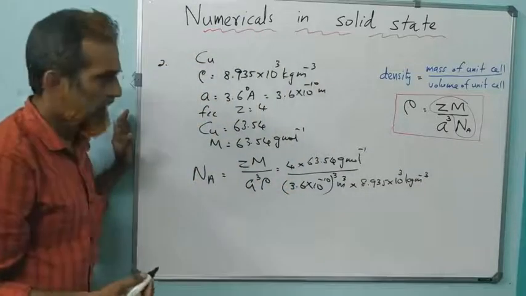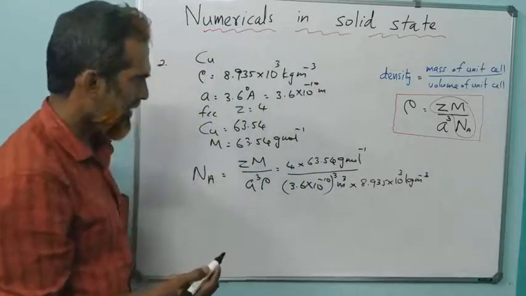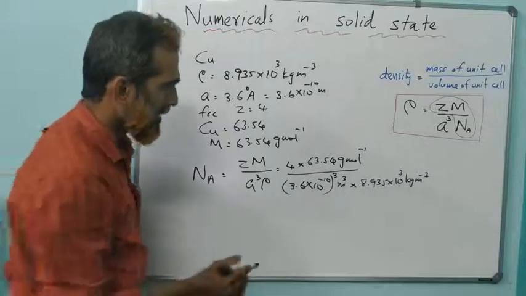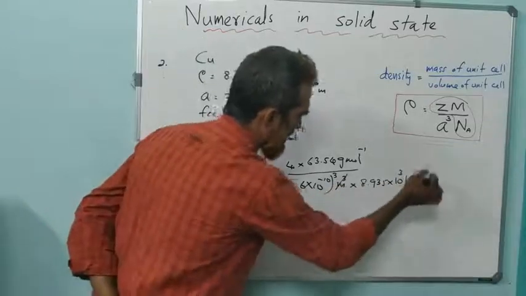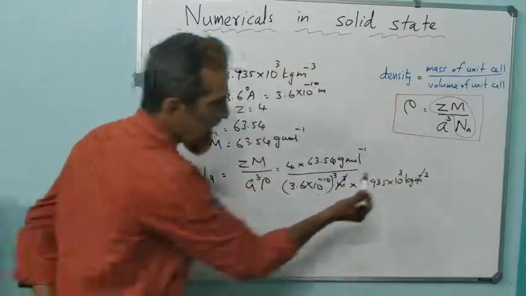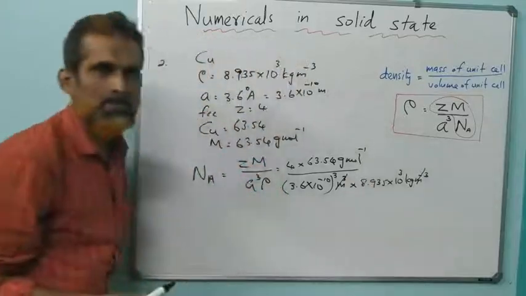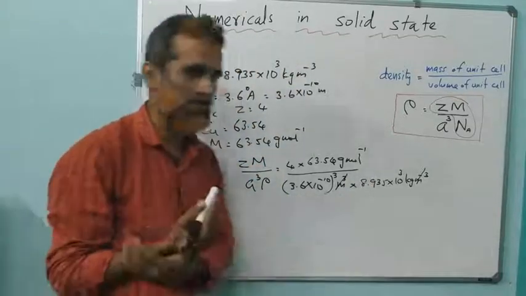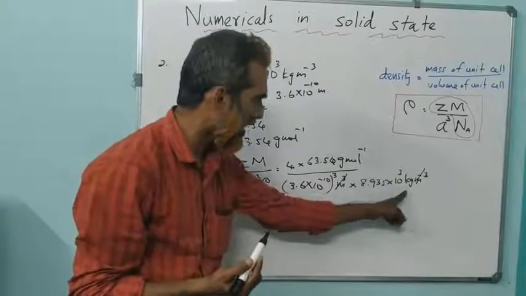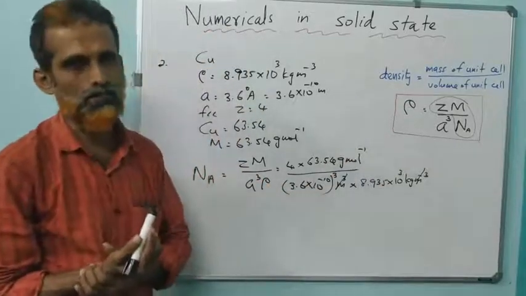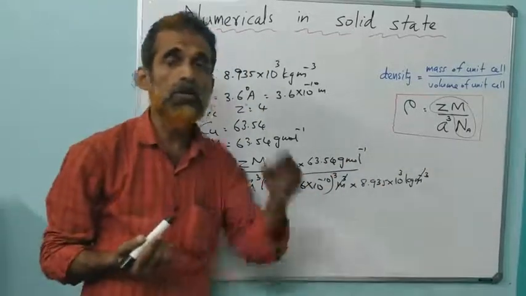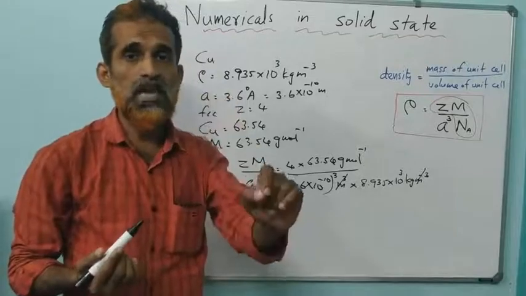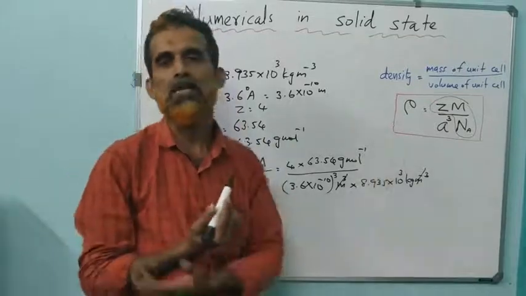You can see how the units get cancelled. See, one point is very important here. This gets cancelled, fine. But you see that kilogram and gram do not get cancelled. So you have to convert either this into gram or this into kilogram. That's important. This is the advantage of keeping track of units while doing numericals.